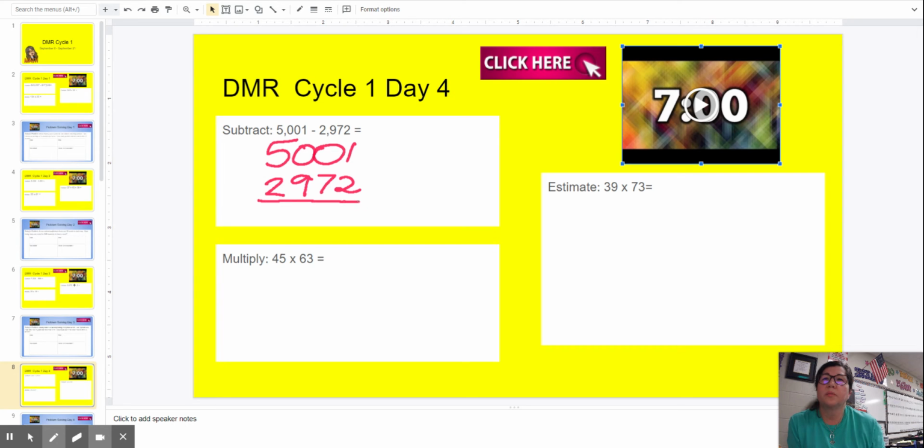I'm going to have to borrow. I'm going to go to the 5. The 5 is going to become a 4, which makes this a 10. I cross it out, make it a 9, which makes this a 10. I'm just going to write it over it because it's so big. I cross it out, make it a 9, and then make this an 11.